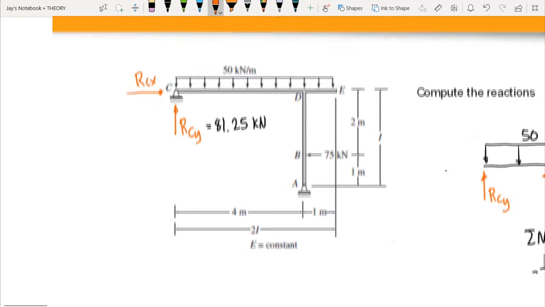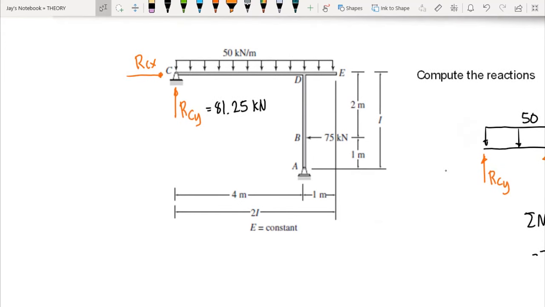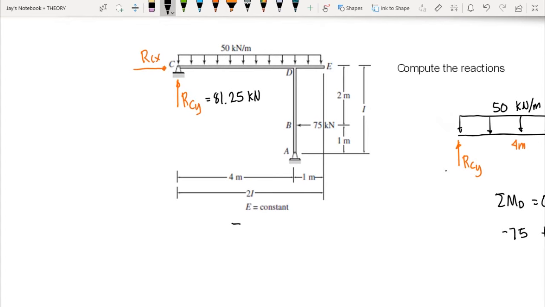Okay, so we can compute RCX here. Since you have two ways of computing the other reactions, you can isolate member DA, but to expedite the process, I would use the whole frame system. I could sum up moment at A here, and this equals 0, counterclockwise positive.